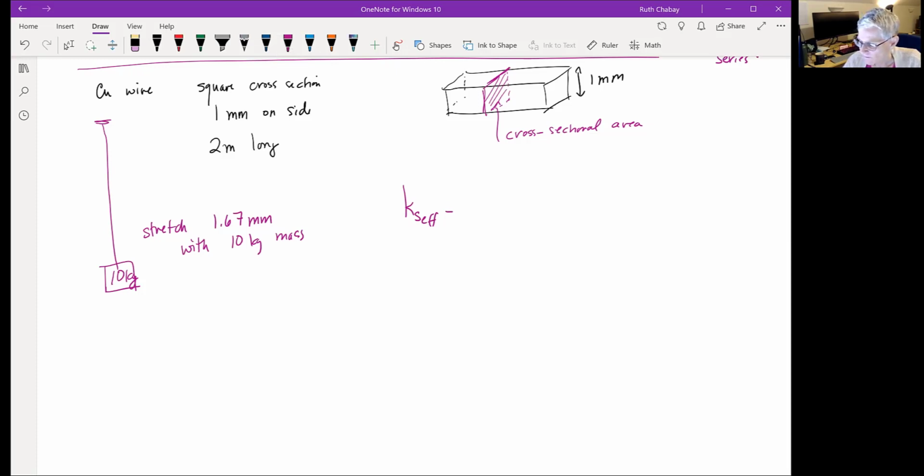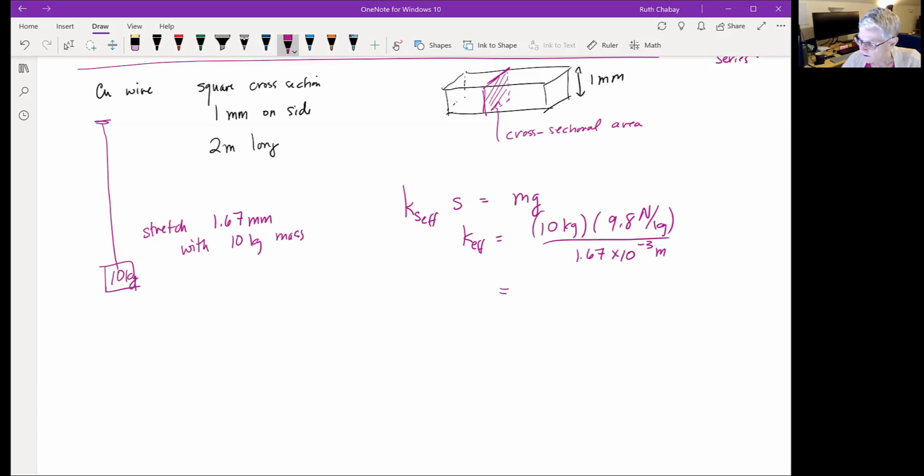So we have K sub S effective times the stretch is mg, so the effective spring stiffness is 10 kilograms times 9.8 newtons per kilogram divided by the stretch, which is 1.67 times 10 to the minus 3 meters.